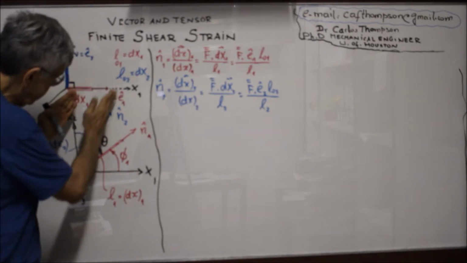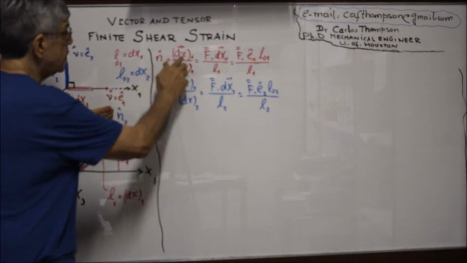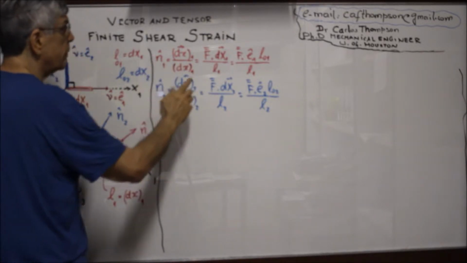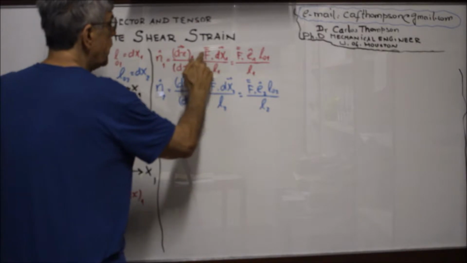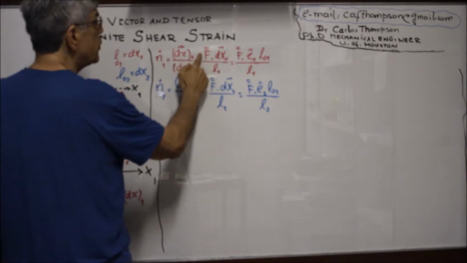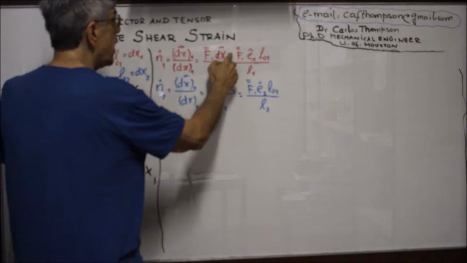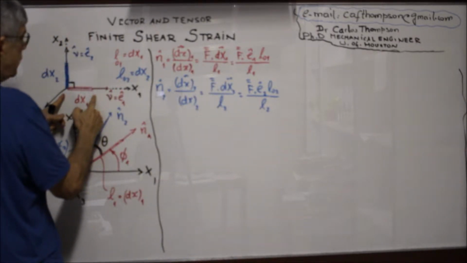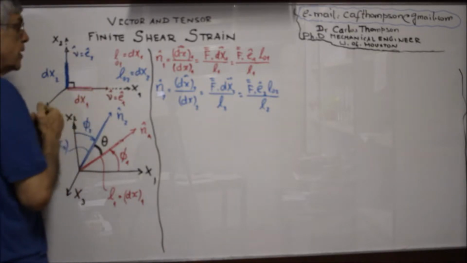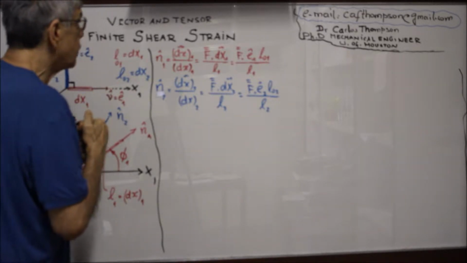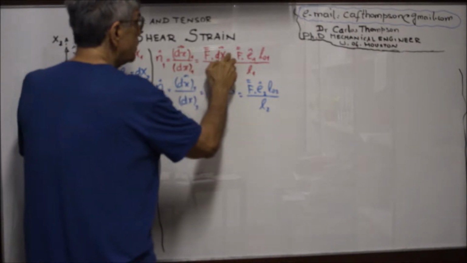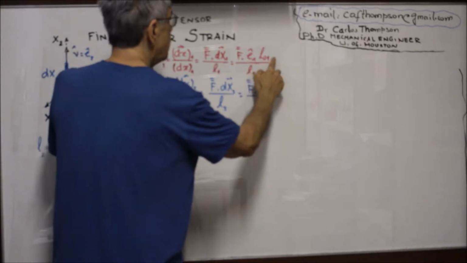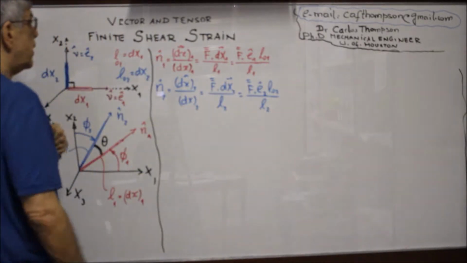Forget the line L2. The vector dx is related to the deformation gradient F dot capital dX1, where dX1 is the initial length in the undeformed configuration. This vector is the unit vector e1 times the initial length L0.